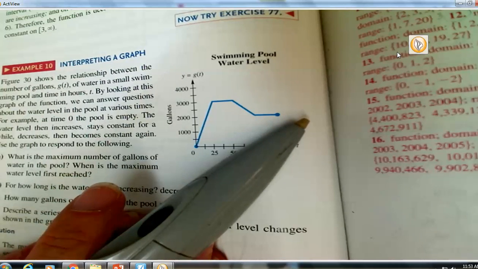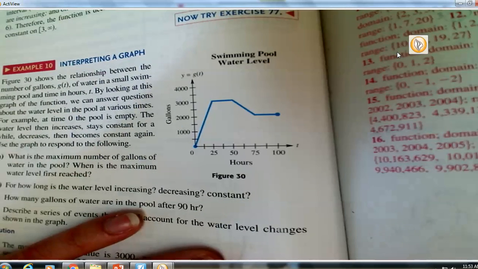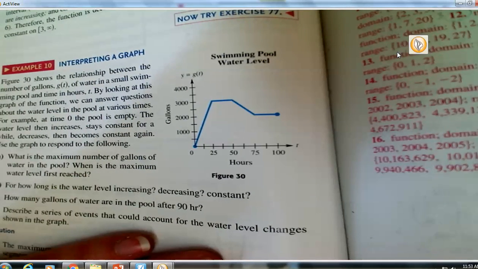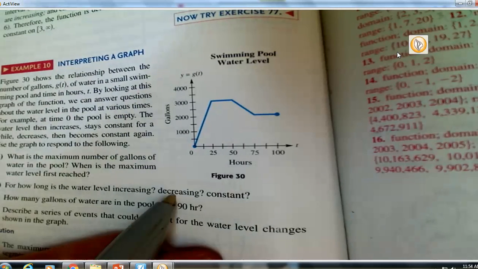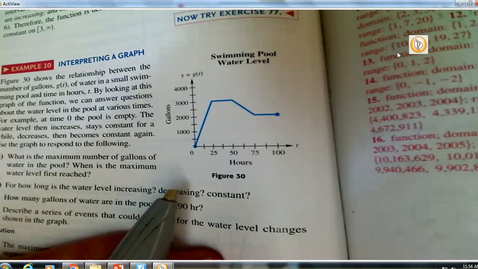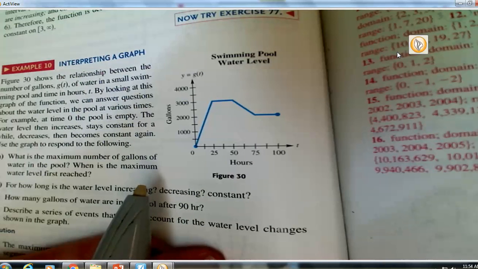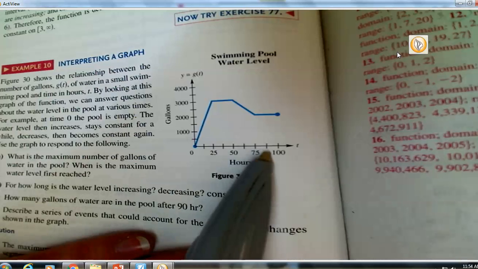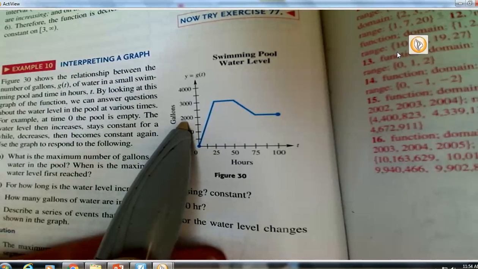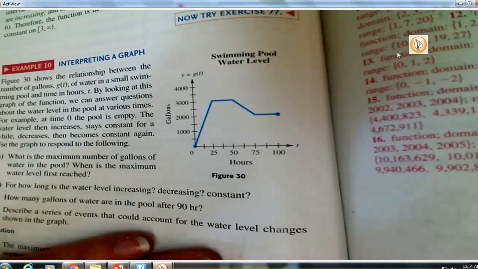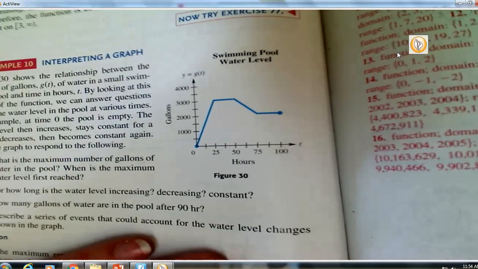It's constant between 25 and 50 and 75 and 100. So a total of 50 hours. How many gallons of water are in the pool after 90 hours? 90 would be right there, and that's when you had 2,000 gallons of water in the pool.